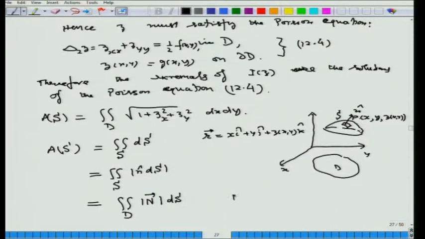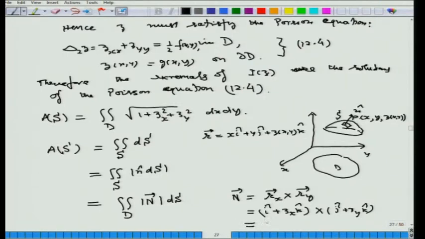Now, here we know that this n is r_x cross r_y, and this r_x is i plus z_x k cross product j plus z_y k, and so you can see that this comes out to be minus z_x i minus z_y j plus k.